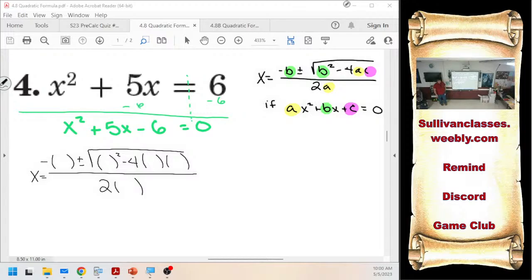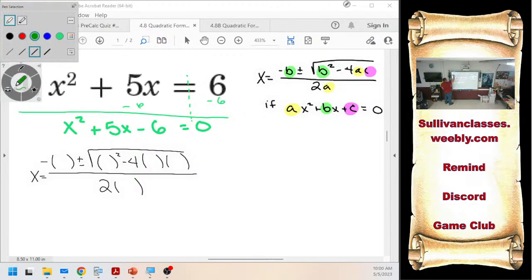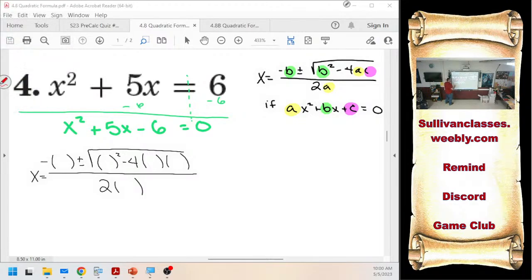Really, really good idea, especially as we're first learning this, to actually write what A, B, and C are. A is 1, I'll say A equals 1. So everywhere that I see an A in my formula, I put 1. Plug and chug. That's why we call formulas plug and chug.